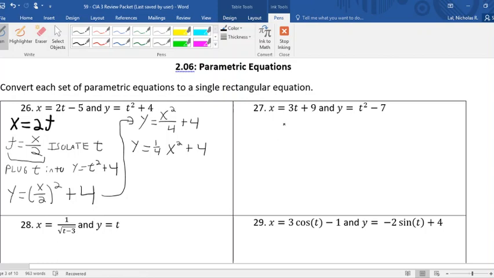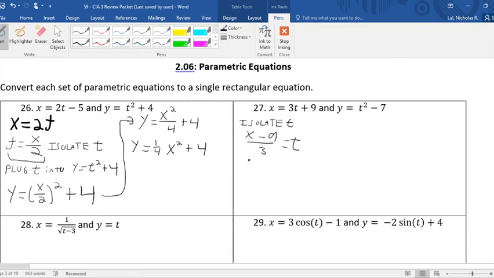For 27, x is equal to 3t plus 9, which means to isolate t, x minus 9 over 3 is equal to t.